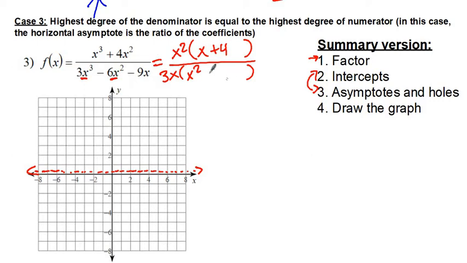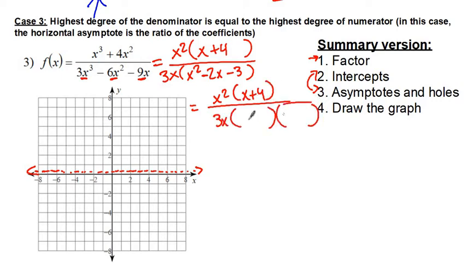This divided by 3x is minus 2x, and this divided by 3x is minus 3. So then we could even factor that more. We could have x squared times x plus 4. The 3x is still here. And then what multiplies to negative 3 and adds to negative 2? That would be x minus 3, and then x plus 1.